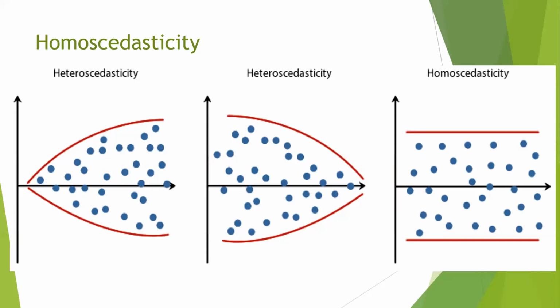Residual means the difference between the predicted value and the observed value. There is too much difference somewhere, and somewhere there is no difference. If you are getting this kind of curvature in residual plots, there is heterogeneity, and if there is nothing like this, that means you have homoscedasticity.